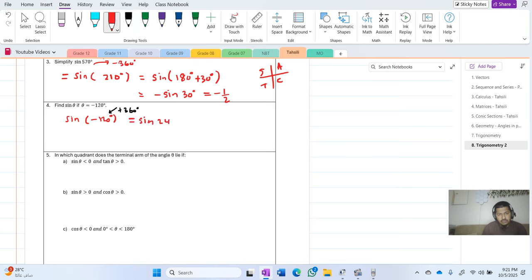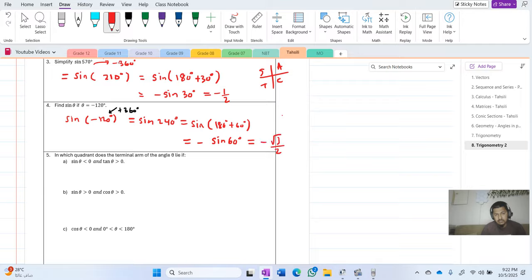Because that is 180 plus 60 degrees, right? Which is basically negative sine 60. Because in the third quadrant sine is negative. Look here, third quadrant sine is negative. And using your 30, 60, 90 triangle, sine of 60 is root 3 over 2, so you're going to get negative root 3 over 2. And that's my answer. Moving on to the next question.